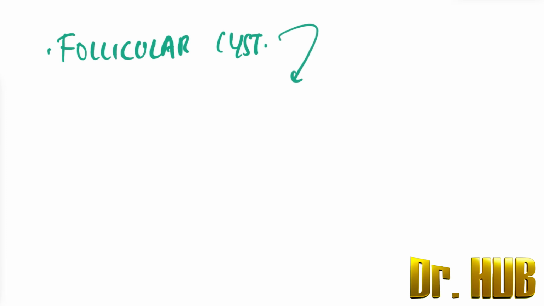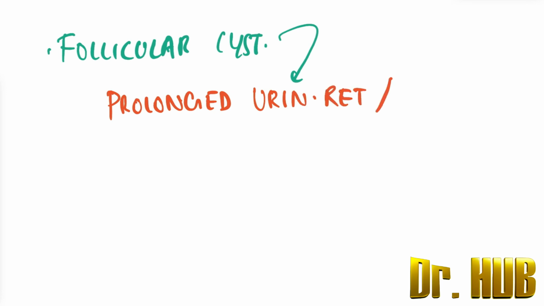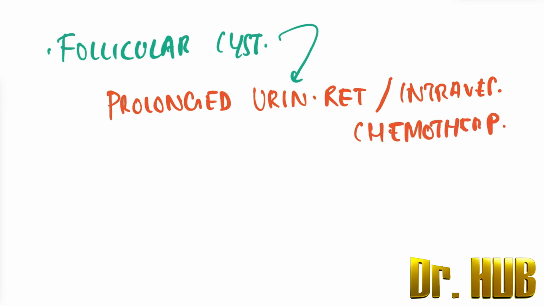Next we look at follicular cystitis. In follicular cystitis, the etiology is prolonged urinary retention, intravesicular chemotherapy, or the presence of BCG.